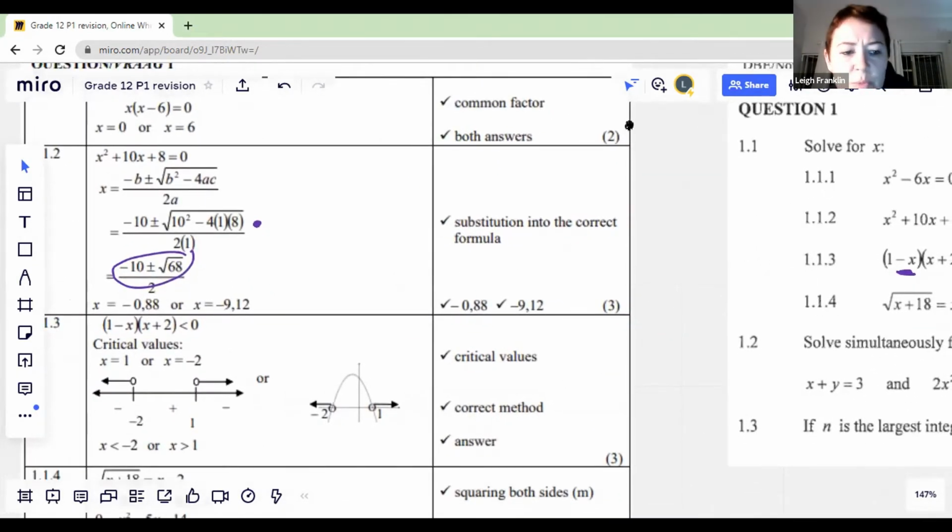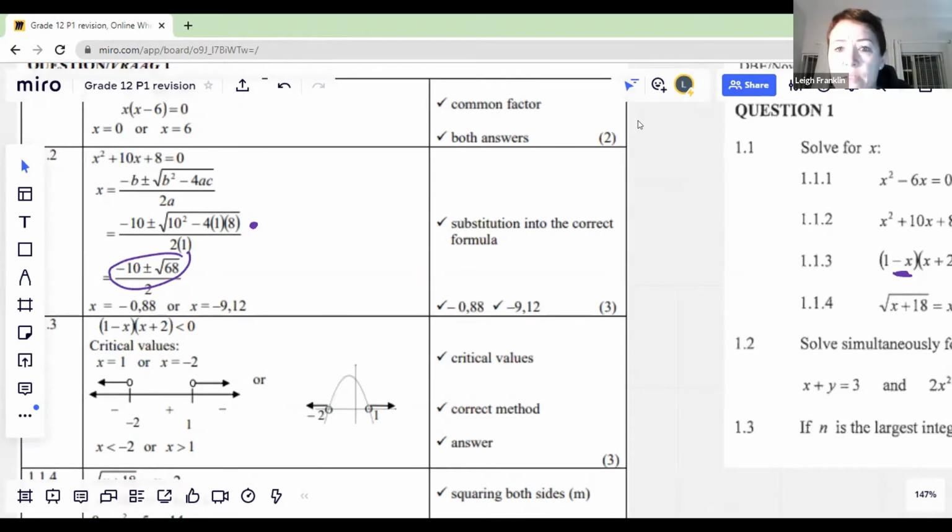Okay, so it had to be smaller than -2 or greater than 1. Is that what you got? Yes, ma'am. Okay. How about the rest of you? Did you get the same answer? Yes, yes. Mbali, you happy? Okay, Isaiah, you happy? Lovely. Is there anybody who didn't understand how to do that? Is there anything that I need to explain there?